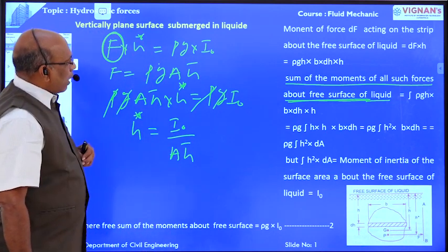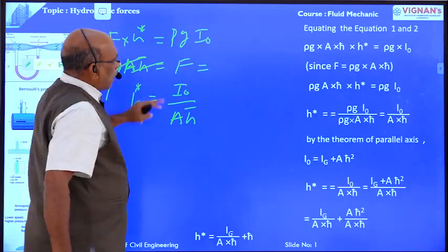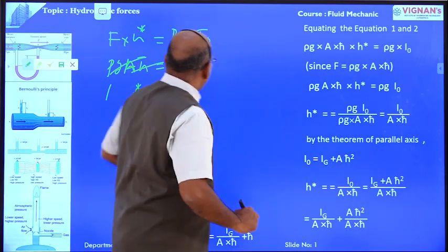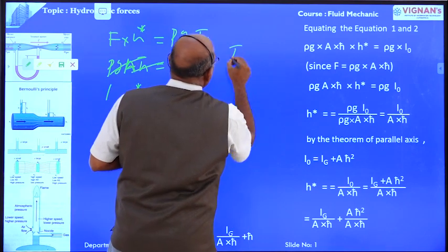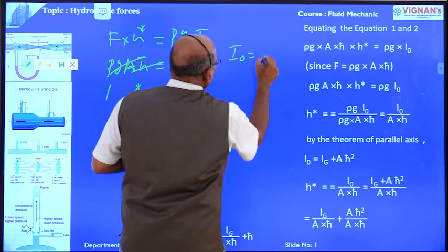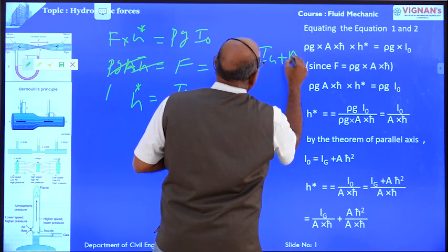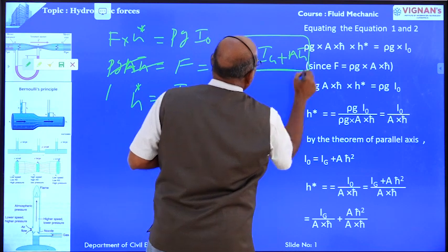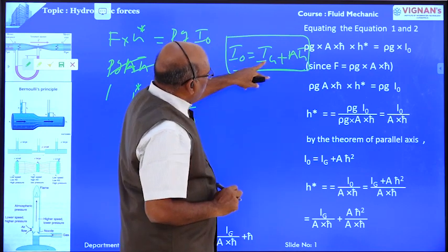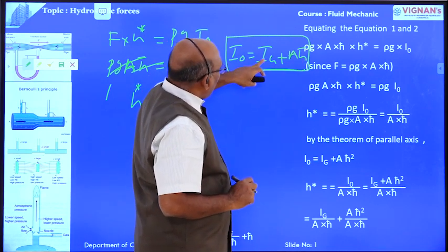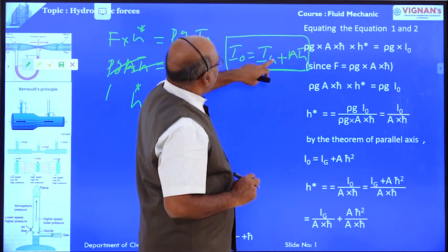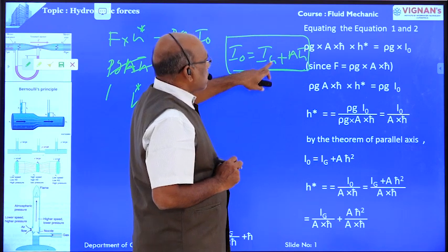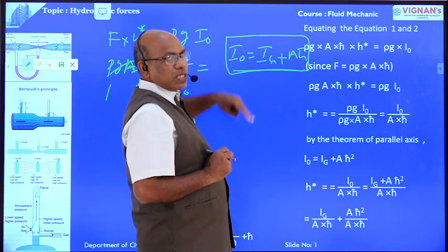But from the parallel axis theorem, I0 is equal to Ig plus a h bar square. Ig is the moment of inertia about the CG, parallel to the free surface.